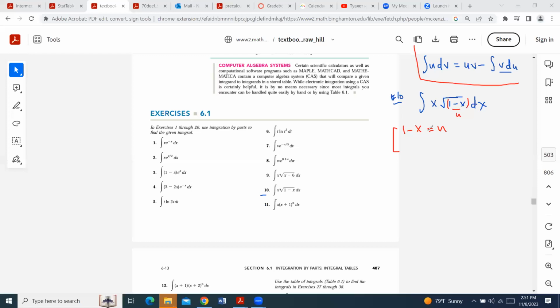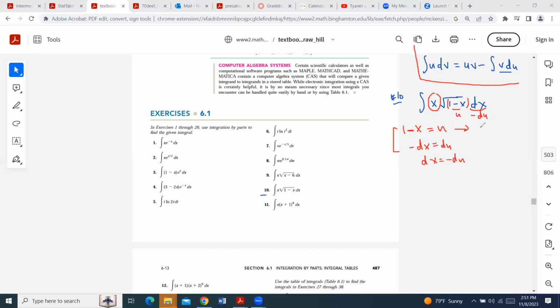So if I take the derivative of this, it's going to be -1, multiplied by dx, right? Because minus x has a derivative of -1. And that's going to be du. So I'll be able to replace this with a negative du, because dx will actually be the same as minus du. Change signs on both sides. And the other piece here is x.